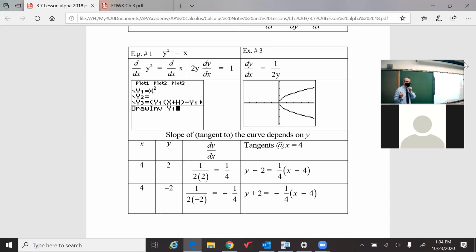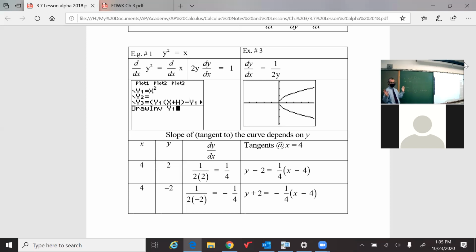And the parent graph of the tangent line, the pre-image, would be y equals 8x. And the slide would be 4 to the right, up 16. So the tangent line would be y take away 16 equals 8 times x take away 4.